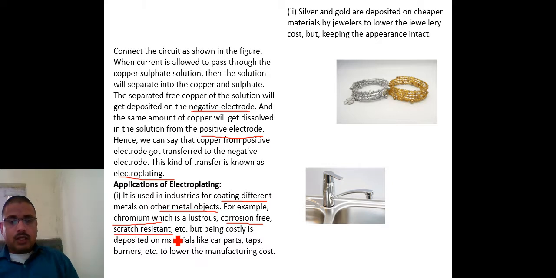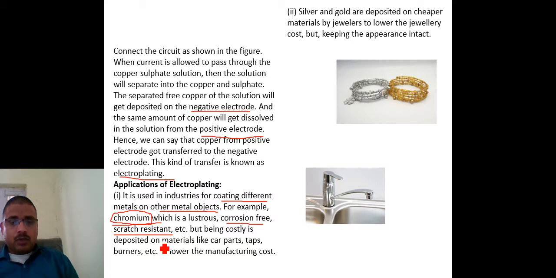These are the kind of materials basically used for coating, that means plating. But chromium is costly; the economic cost of chromium is so high, so it should be protected.